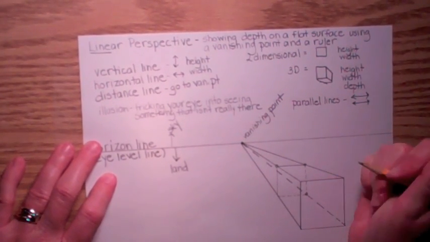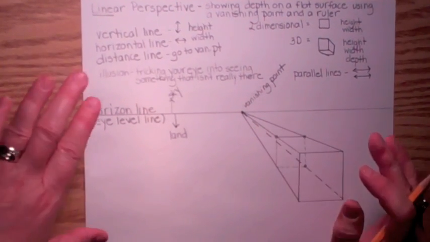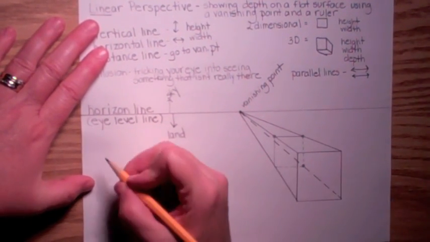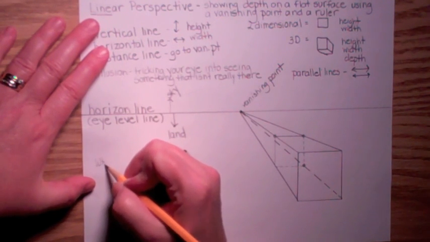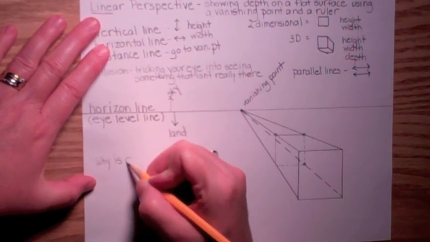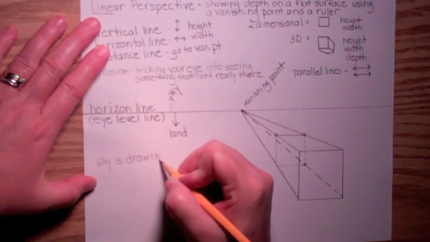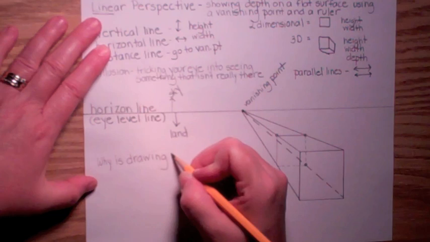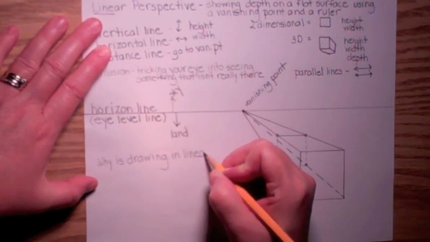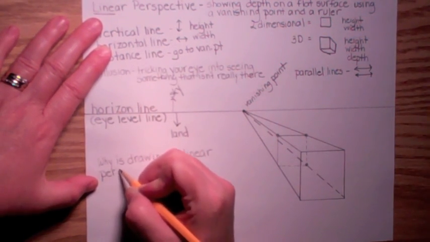And the reason we want to talk about an illusion is because one of the questions you're going to hear a lot from me over the next 3 years is, why is perspective considered an illusion? Why is drawing in perspective, and we'll say linear perspective, considered an illusion?